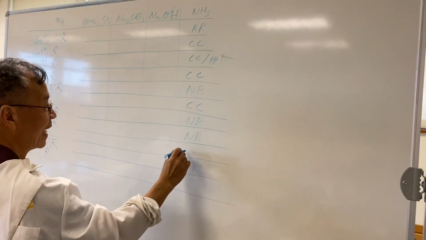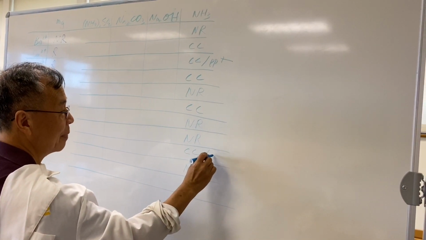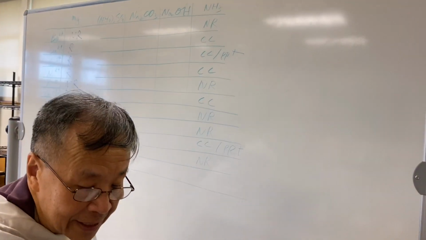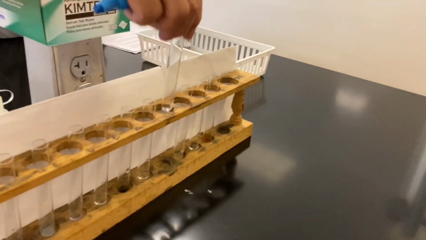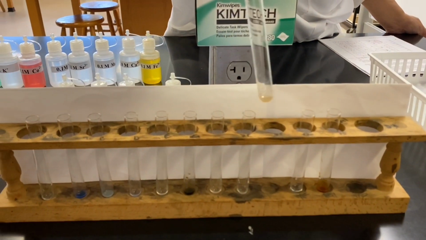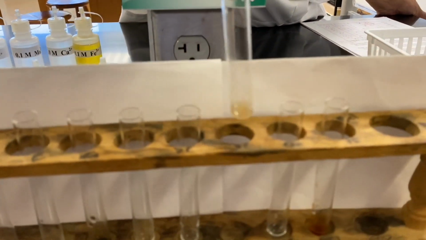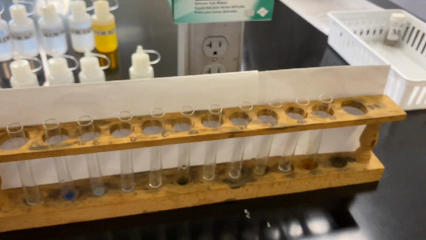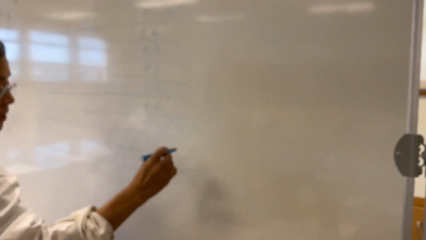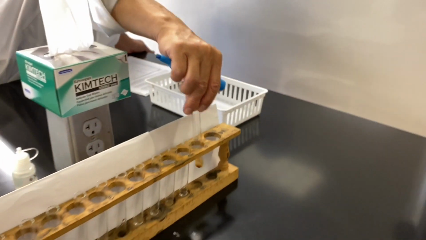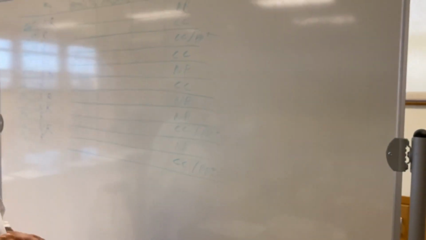These two, not only did the color change, but also precipitate formed. You can see right here the precipitate formation. And for our iron 3, not only did the color change, but also precipitate formed. It's orange, no longer yellow.